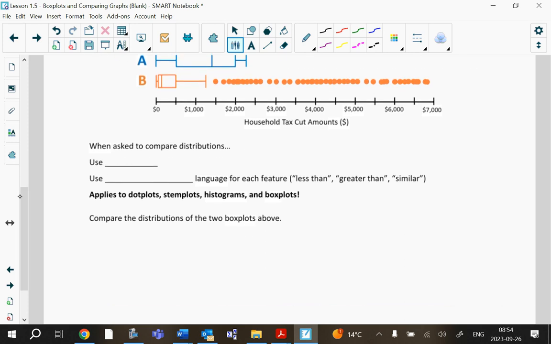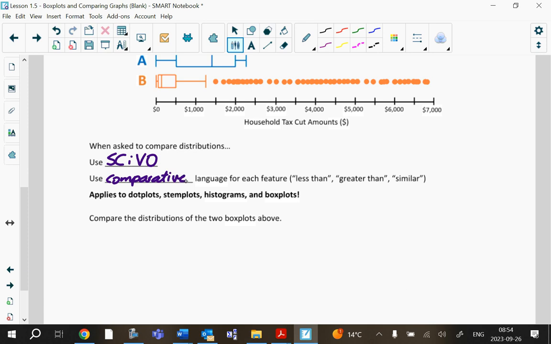So for quantitative distributions, we always use SCIVO. You have to have at least 4 sentences or 4 bullet points. And I told you this before, use comparative language when you describe.